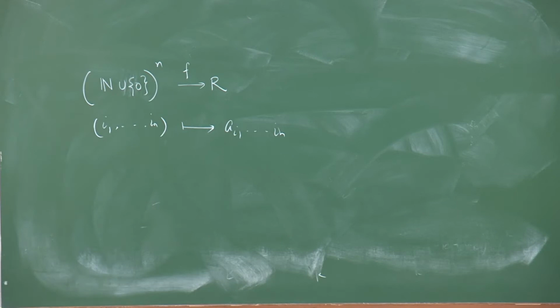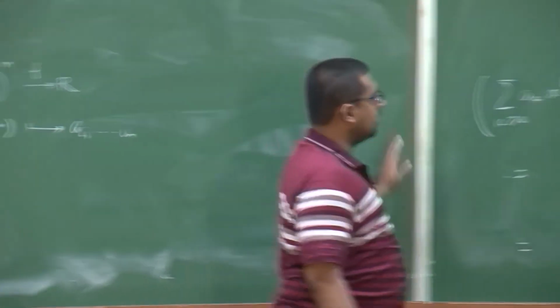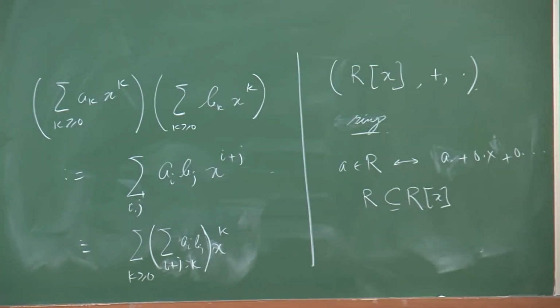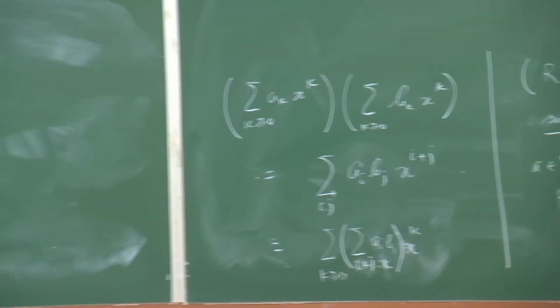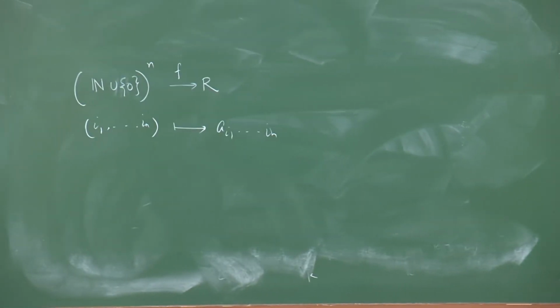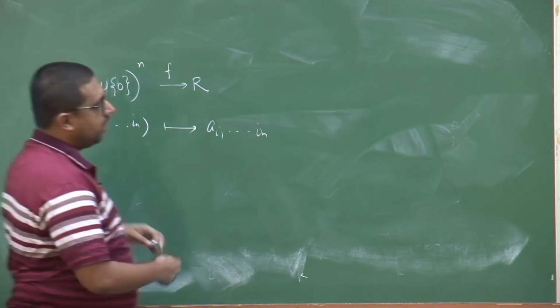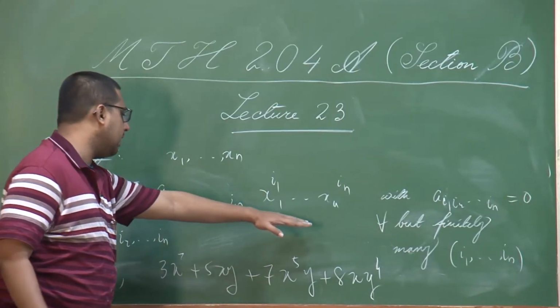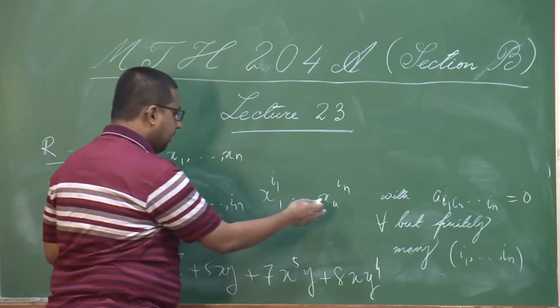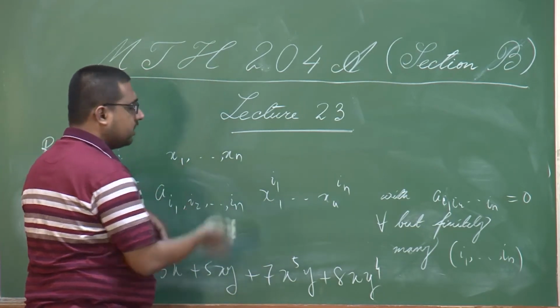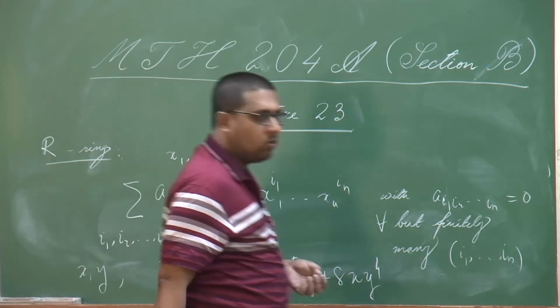You can then immediately see how to define addition of polynomials. That is clear if we add the corresponding functions, because we have already done rings of functions. Adding them as functions or adding them symbolically coincide: we just add the coefficients of the same monomial.